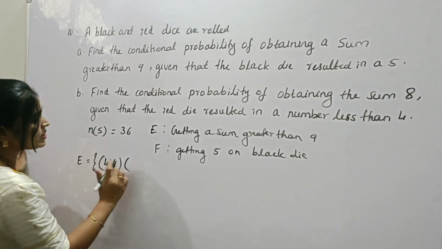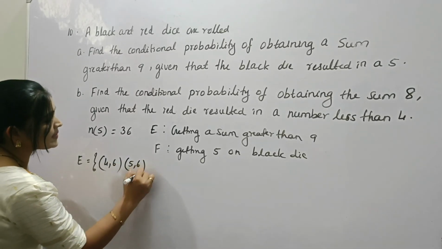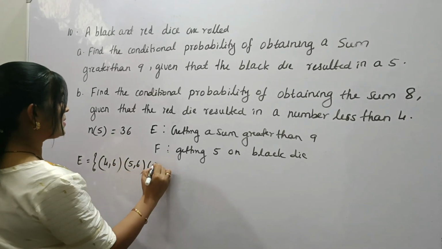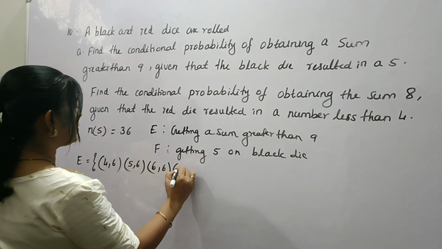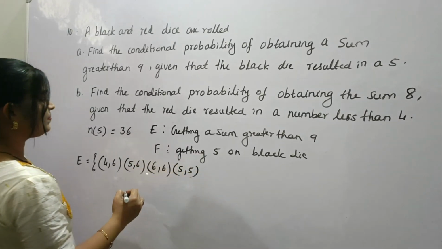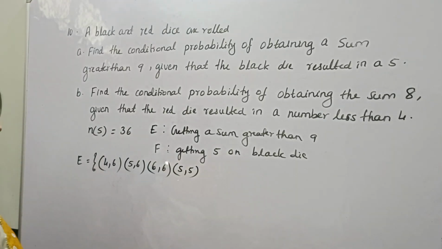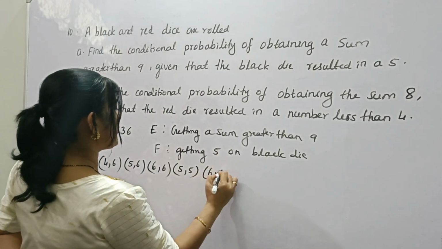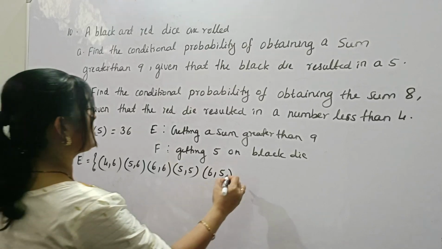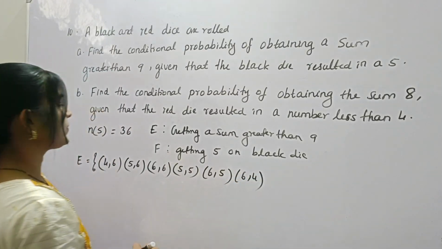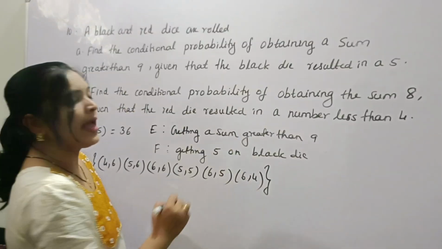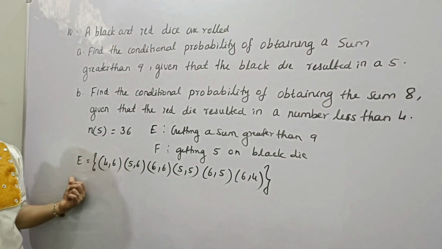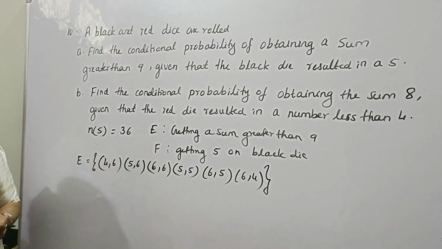So 4, 6, then 5, 6, then 6, 6. After that 5, 5, 6, 5, 6, 4. That's all, right? So these are the possible outcomes of event E.